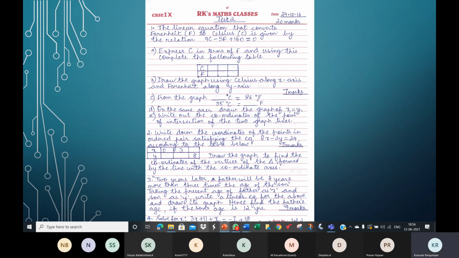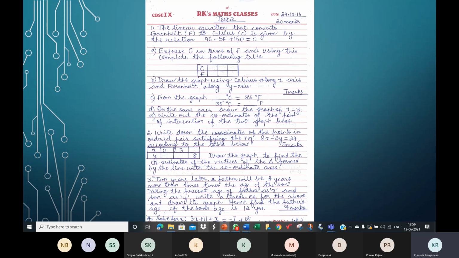So what is the father's age? X, ma'am. What will be the father's age 2 years later? X plus 2. What is the son's age? Y. And what will be the son's age 2 years later? Y plus 2. Okay.